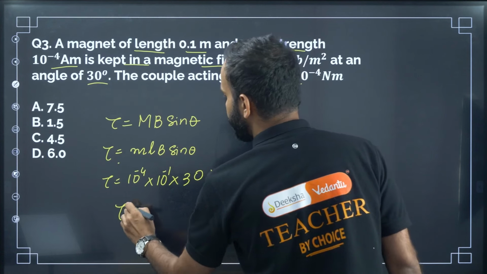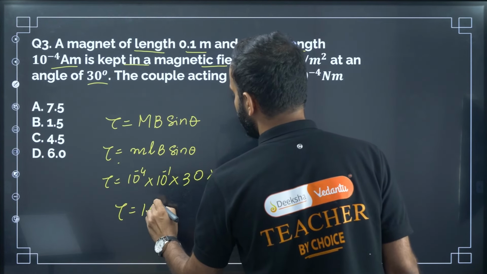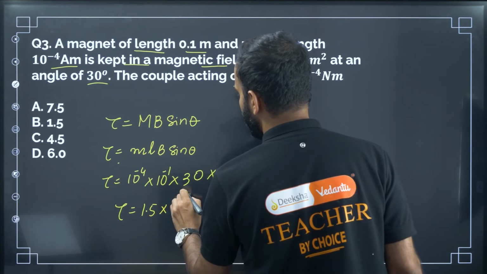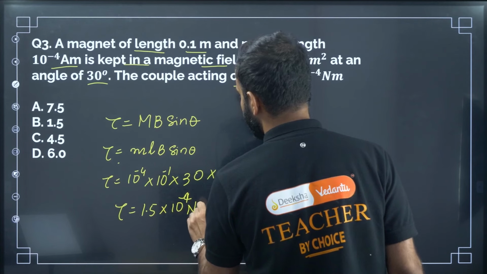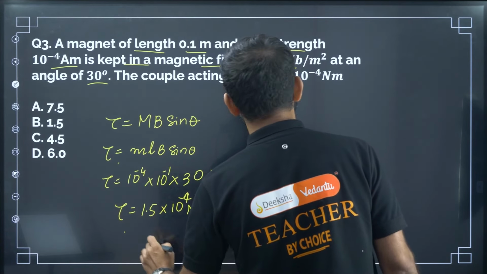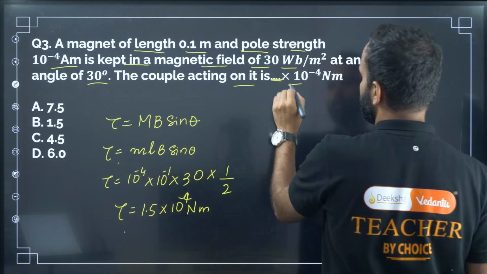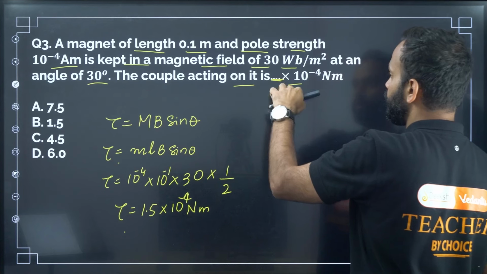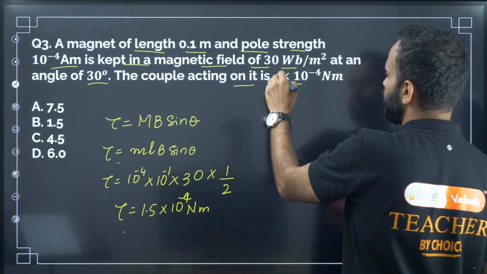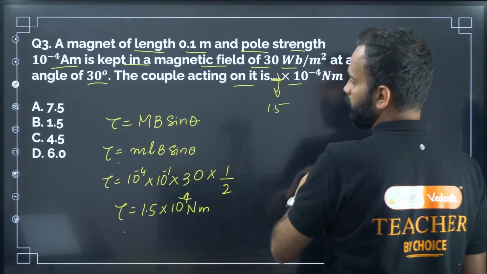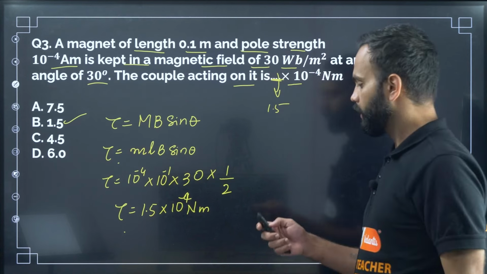So now solve this, you will get tau equal to 1.5 into 10 to the power minus 4 Newton meter. So here we need to fill the blank, the value will be 1.5. The correct option is B.